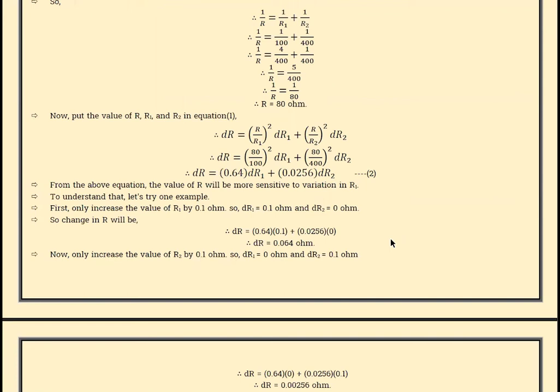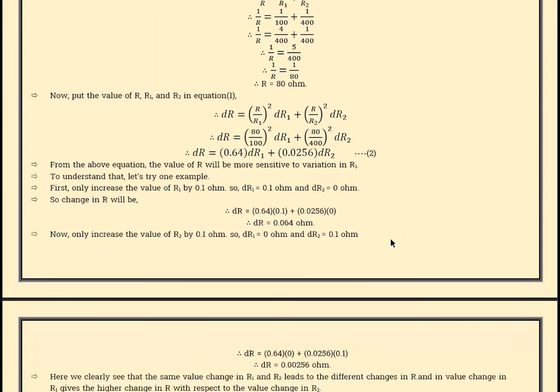Let's try this with an example. Here we only change R1 by 0.1 ohm. So dR1 is equal to 0.1 ohm and dR2 is equal to 0 ohm. So the change in R is equal to 0.064 ohm.